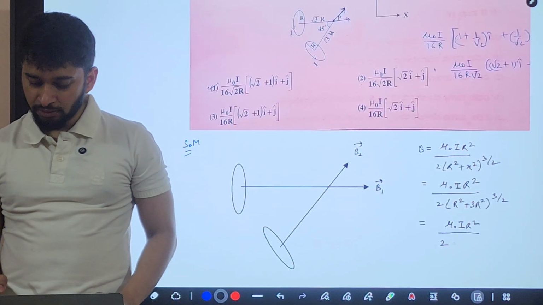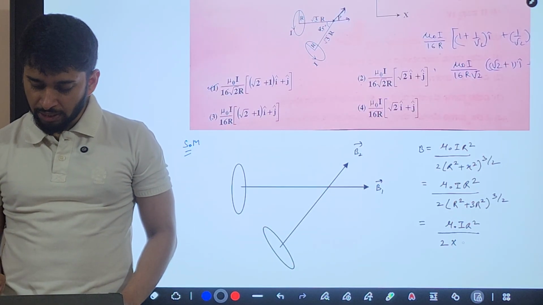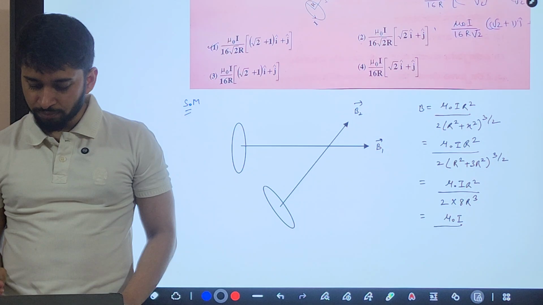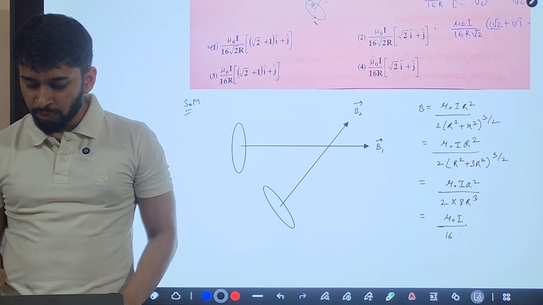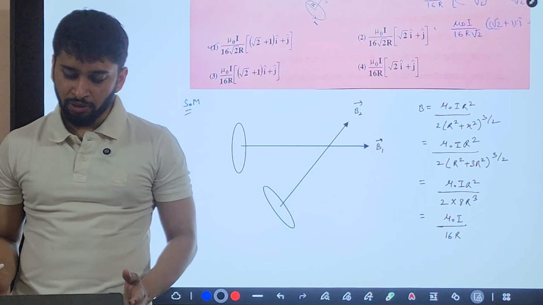So 8 into 8R cube, which becomes mu naught I by 16R. So individually they will create mu naught I by 16R. So both B1 and B2 will be equal to mu naught I by 16R.